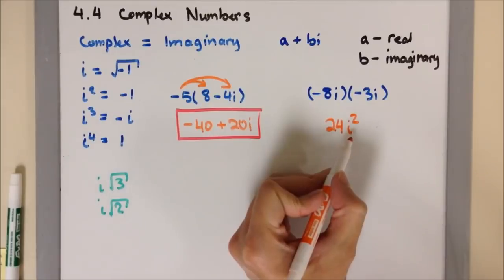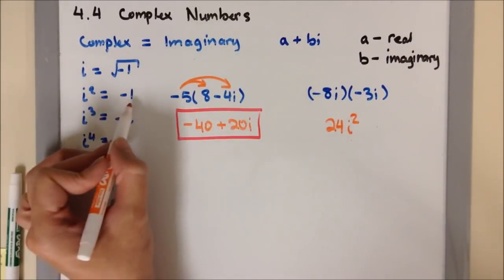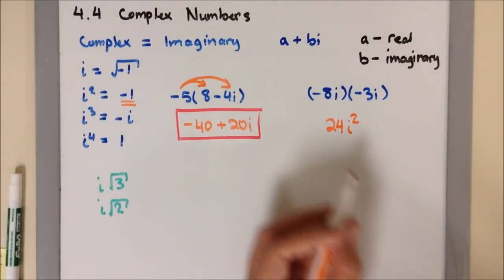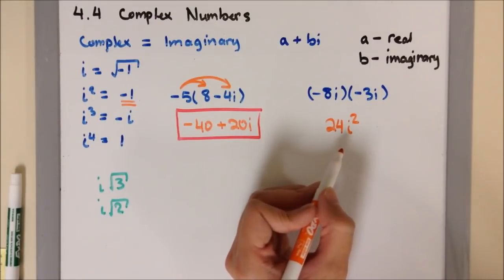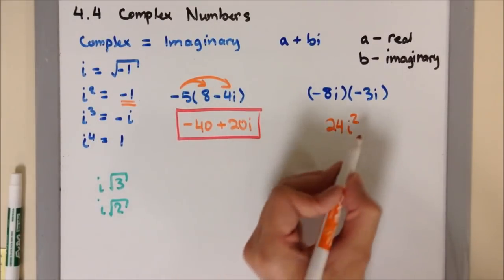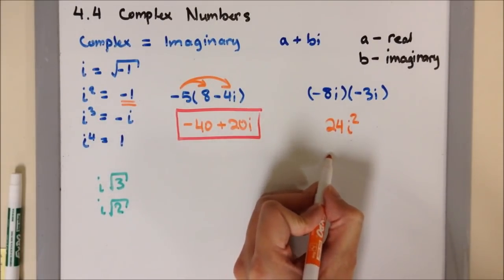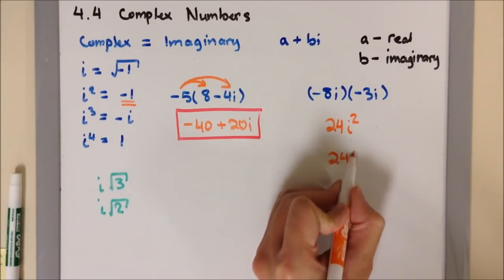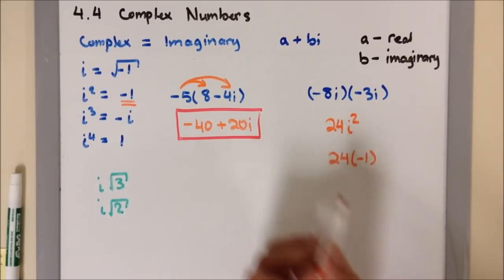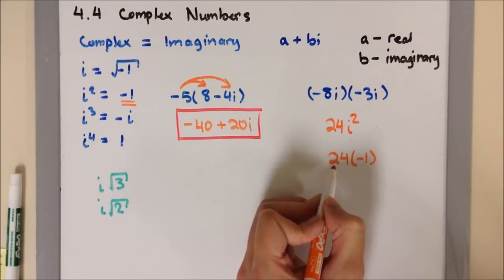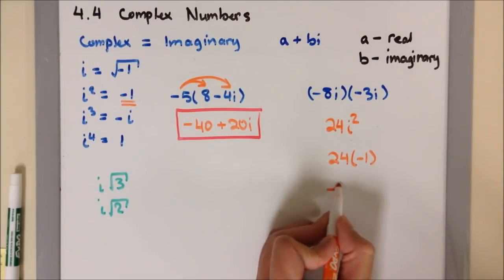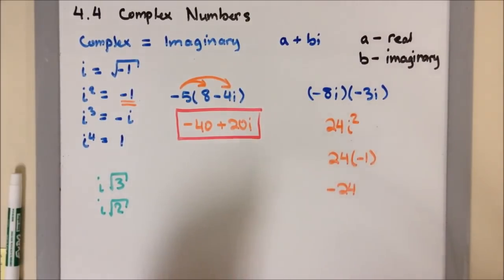Now, since we have i squared, we can use this value right here. I'm going to replace i squared with negative 1. So it will be 24, parenthesis, negative 1, close parenthesis. Now it's 24 times negative 1, which will be negative 24. That would be my final answer.